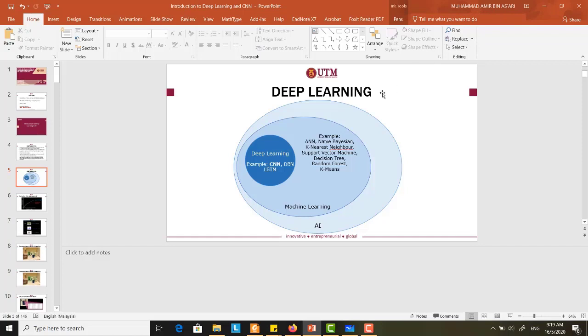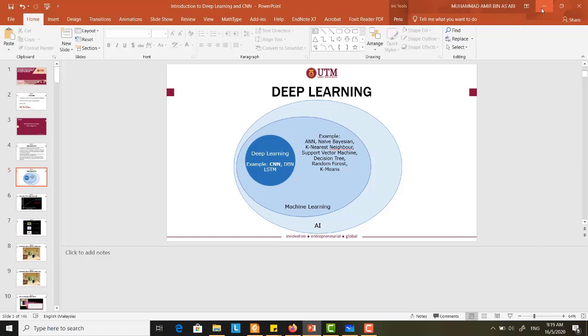But deep neural network is extended from the ANN. When they extend the ANN into a deep neural network, that machine learning can be categorized under deep learning. But that does not mean the other machine learning approaches don't have deep learning.